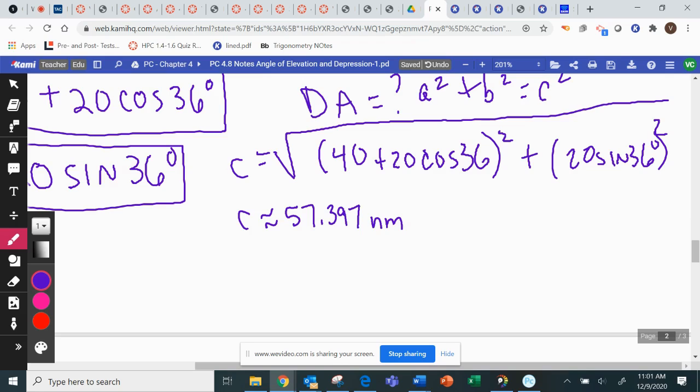So if we're typing something in wrong and you can't figure it out, let me help you with your calculator. If you've gotten that far, see if you can find the bearing, because we still have to find the bearing. But I'll go over the bearing in a second.